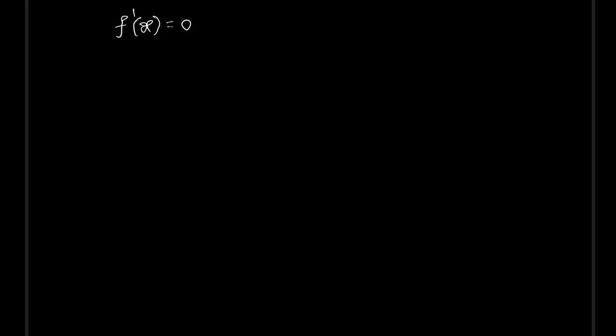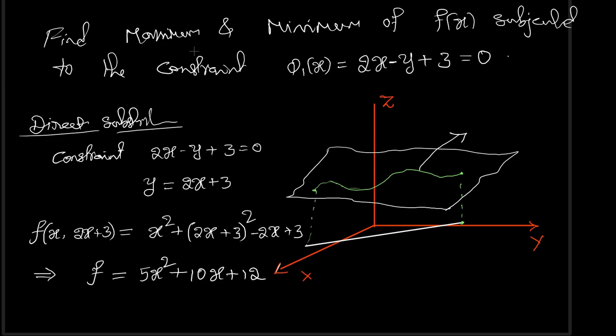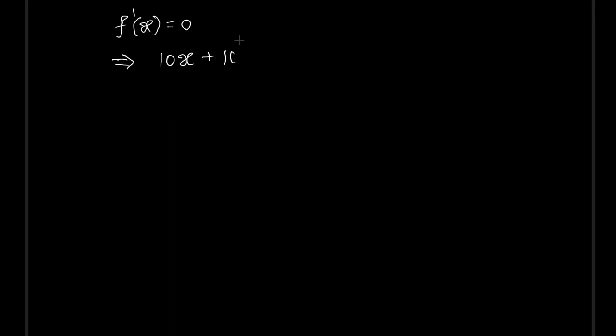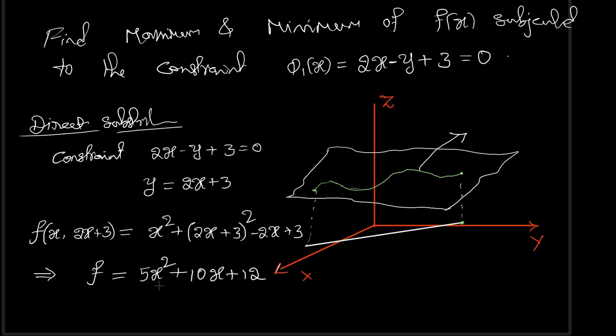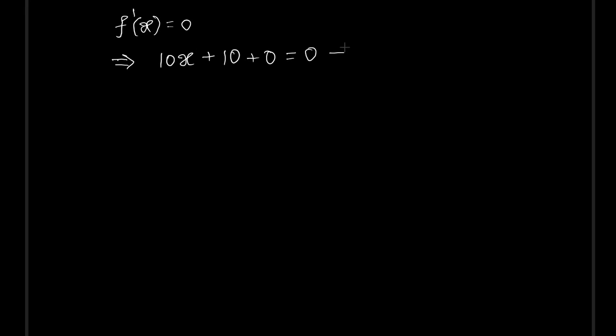So what is f dash of x here? f dash of x is nothing but 10x plus 10 plus 0 equal to 0, because the first derivative is 10x plus 10, plus 0. So this tells me that x plus 1 equal to 0. Now this says x must be equal to minus 1.